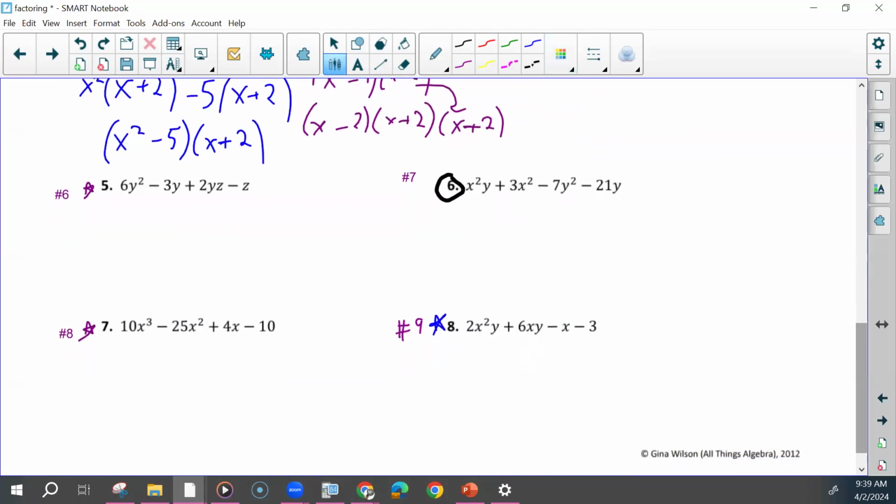Right, with 6, split it down the middle. Divide. What do the first two have in common? X squared. What would be left? Y plus 3. What could we divide out of the last two?